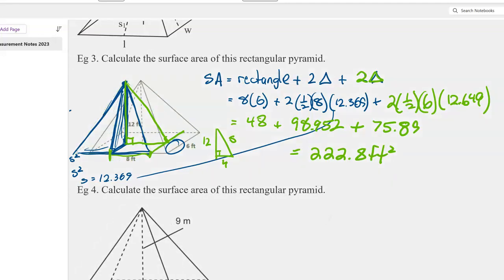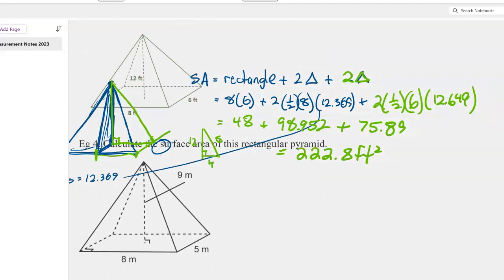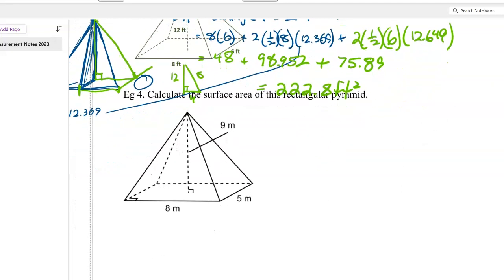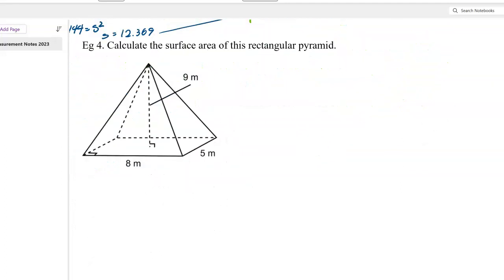Okay, so there is one more to do here. Okay, last one for this lesson. This one is exactly like the last one.